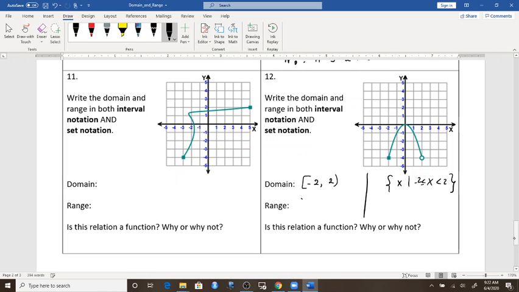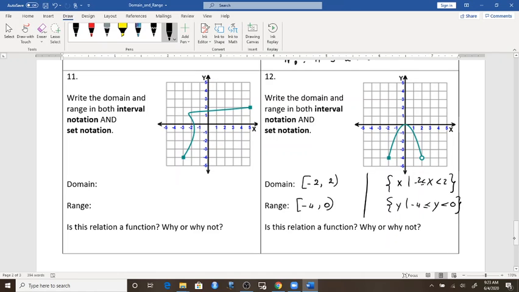So at -4 we're going to put a square bracket, and then the largest possible value is 0, so we put a round bracket. So when you have both a closed and an open dot, you always choose the closed. And then in set notation, we have all the values of y such that y is between -4, with an equal sign at -4, and less than 0.